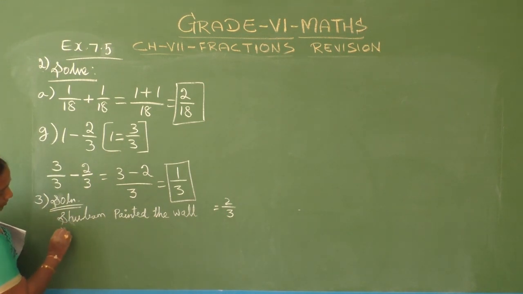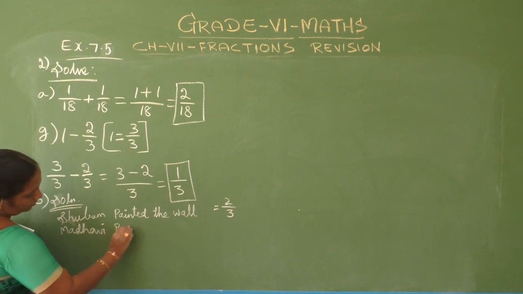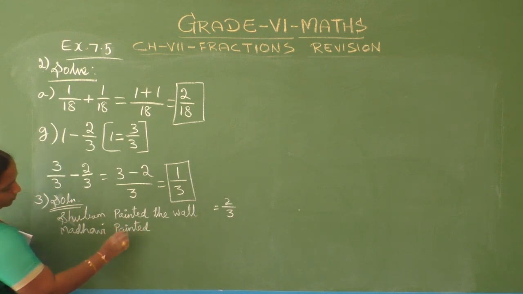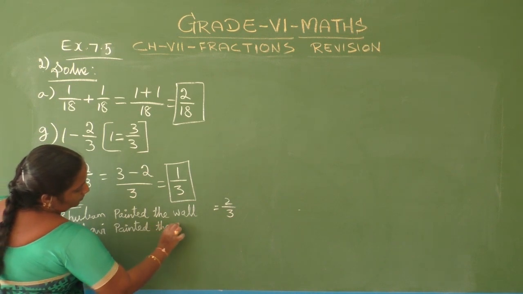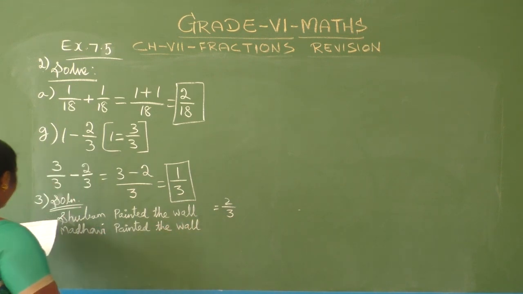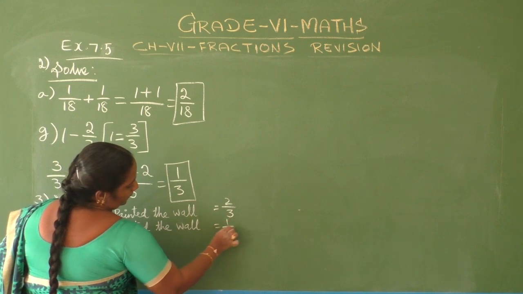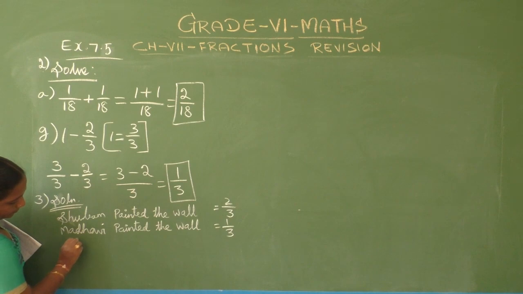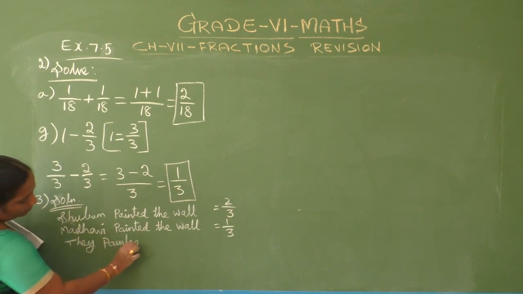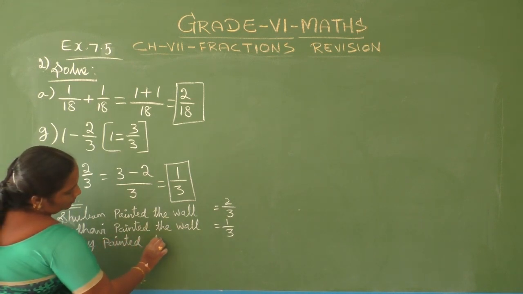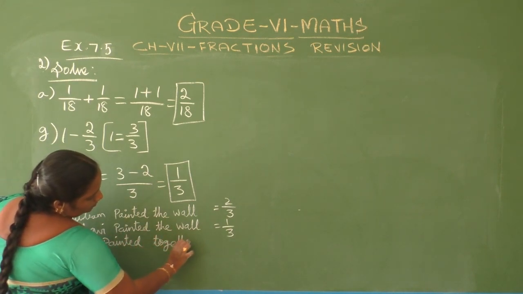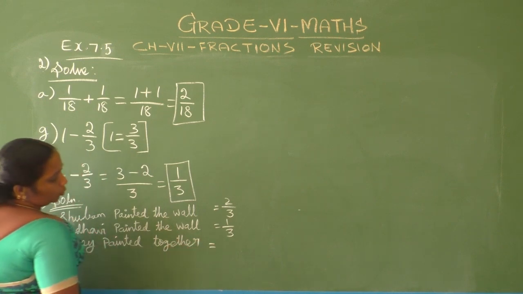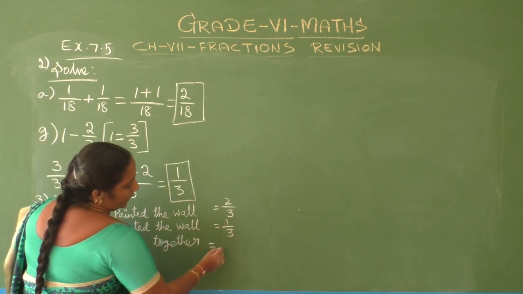Madhavi painted the wall 1 by 3 space. Okay, ma? So they painted together. Together means what we have to do? We add both fractions. See here, both denominators are the same.